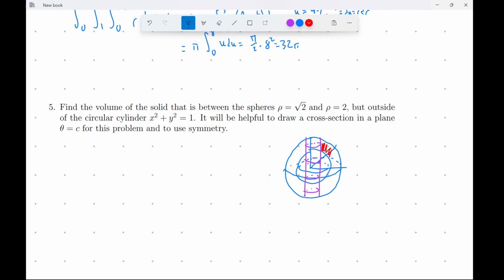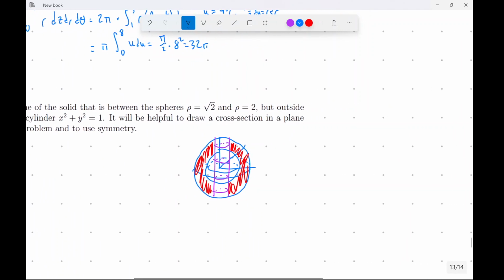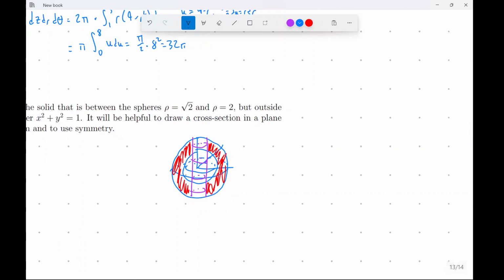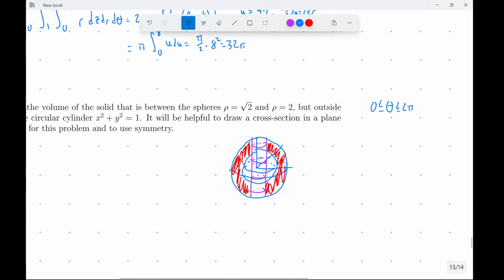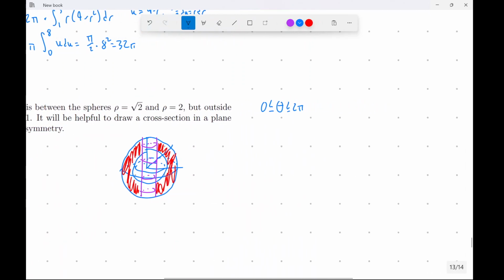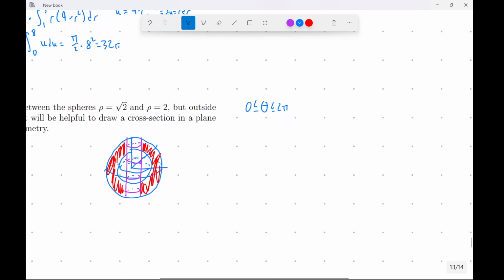So that's going to be this region, and again over here. And then again, I'm going to think about, does this have rotational symmetry? Yes, if I rotate it by an angle theta, this picture will remain unchanged. And so theta, again, is going to be between 0 and 2 pi. From there, we're going to consider a theta cross-section, which it tells us to do in the hint, but we would want to do that anyway.